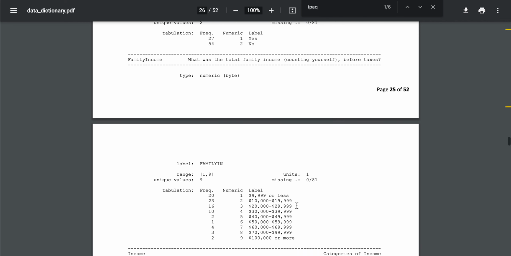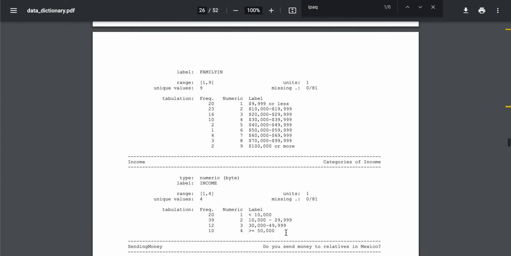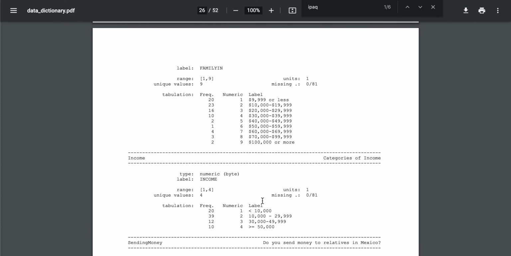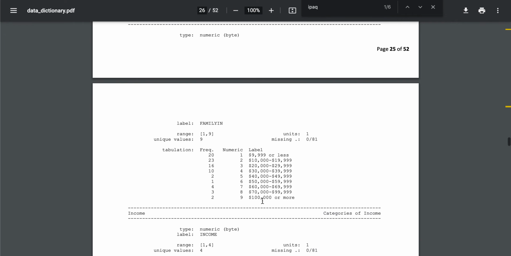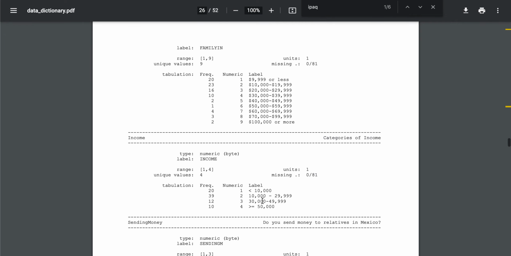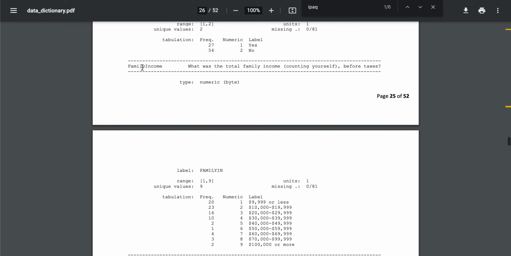Final income is a categorical, and again we have income. So income is a less detailed version of family income, and because there are so few observations in these categories, maybe income is a better way of using this information.